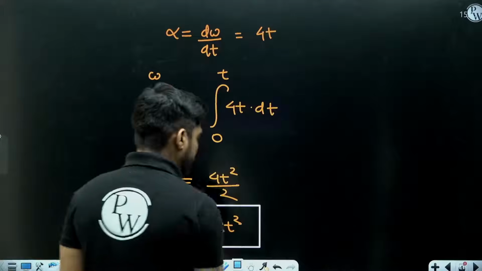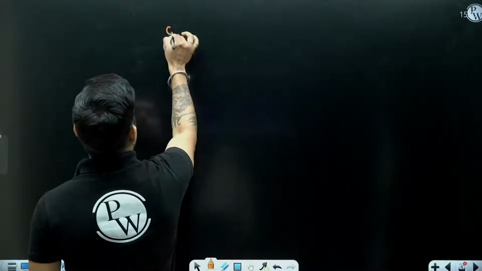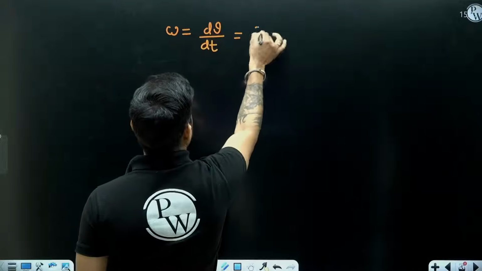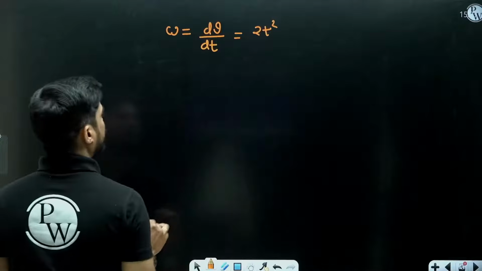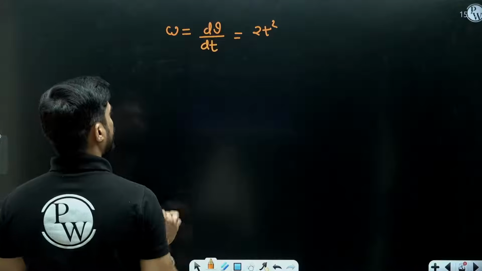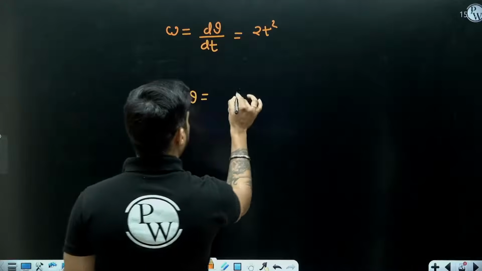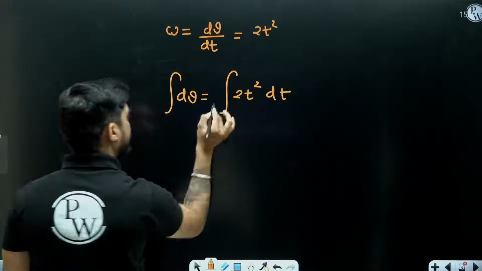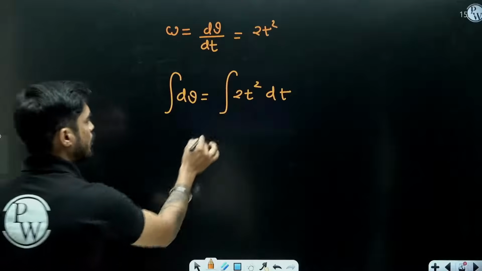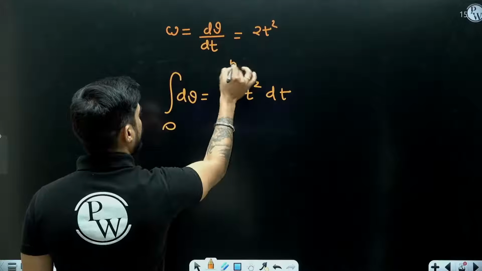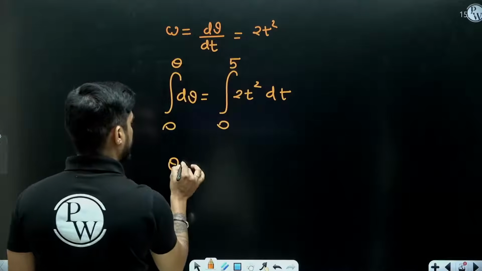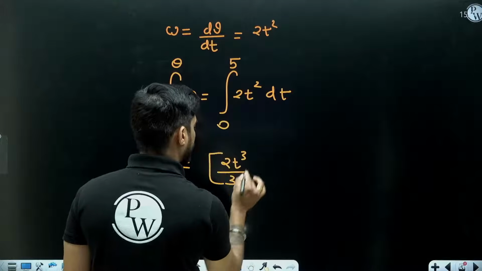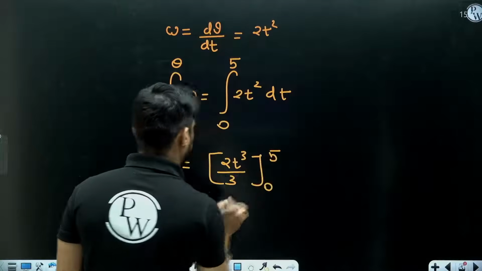Now from here we will calculate theta. So omega is equal to d theta by dt, which is 2t square, right? So d theta will be equal to 2t square dt. Now you calculate theta at t equal to 5 seconds. So initially it is 0. At 5 seconds, what will be theta? So it will become 2t cube by 3, 0 to 5.